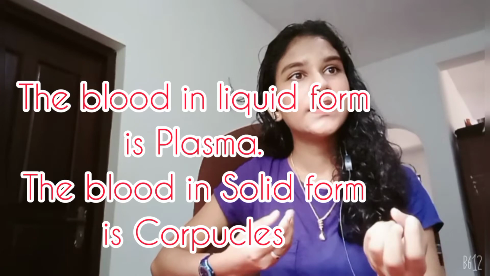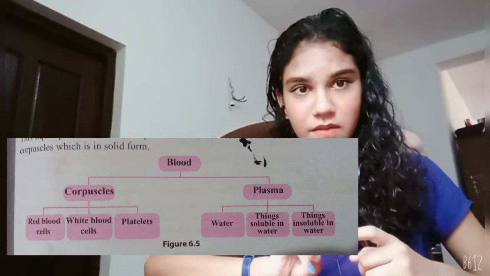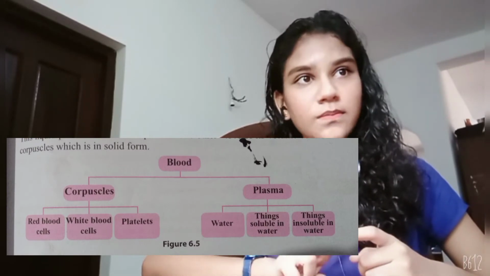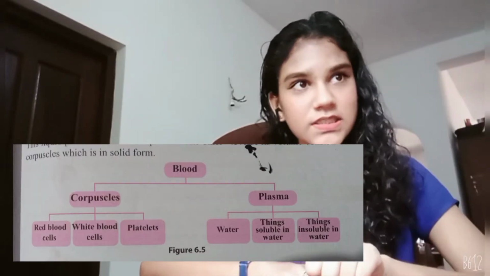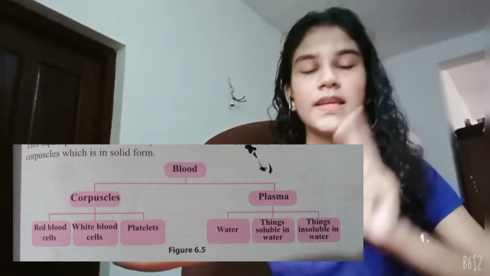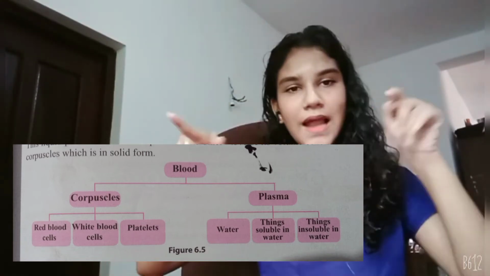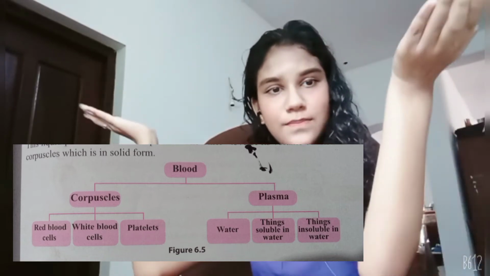The blood that is in liquid form is known as plasma, and the blood in the solid form is known as corpuscles. So blood can be categorized into two: corpuscles and plasma.